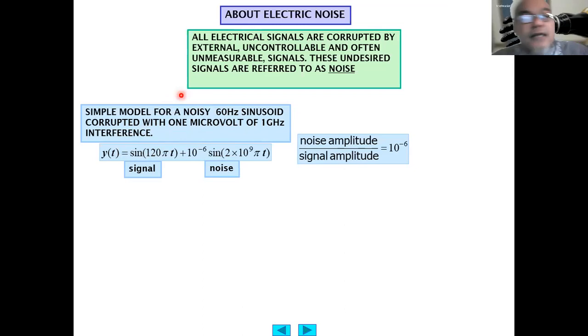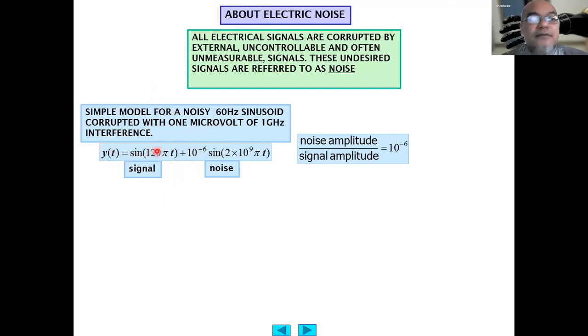So the actual signal is a 60 hertz sinusoid, but it has another signal on top of it, which has smaller amplitude with much higher frequency, 1 gigahertz interference. When we express that in a mathematical format, we add together the signal and noise.